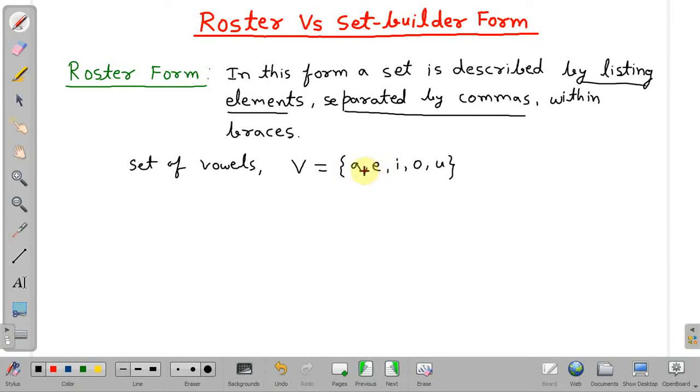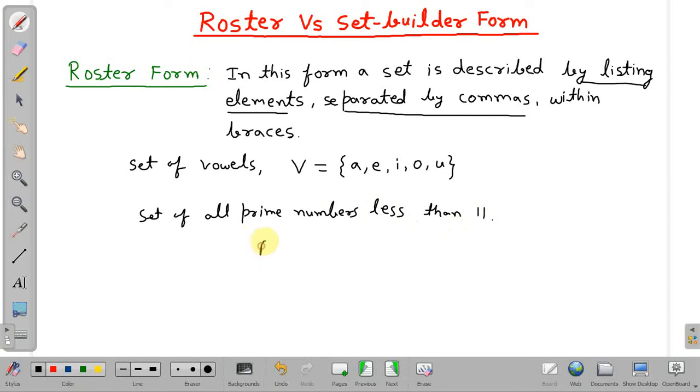If we write the set of all prime numbers less than 11, how can we write it in roster form?